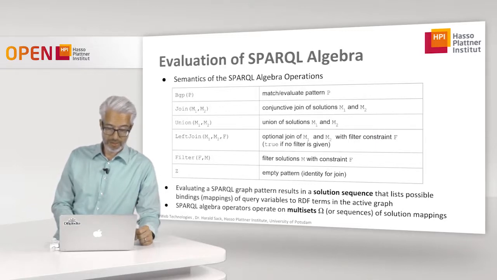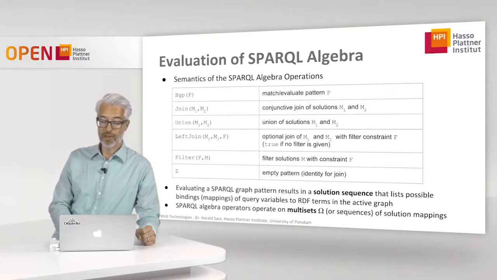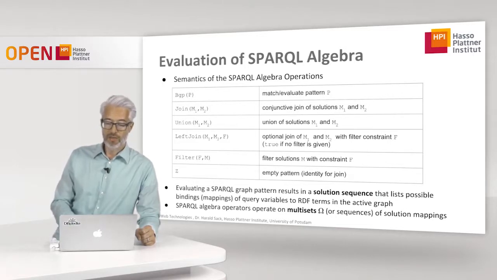And of course a filter applies a filter constraint F on a given solution M. And then there is also something called an empty pattern. You need this empty pattern usually if you do a join on one and the same triple, so you use it for denoting the identity within a join.